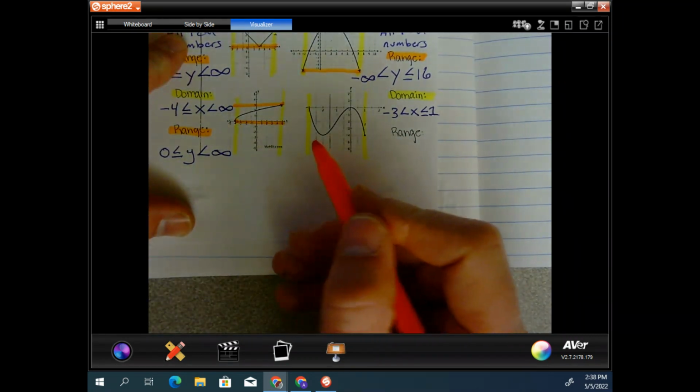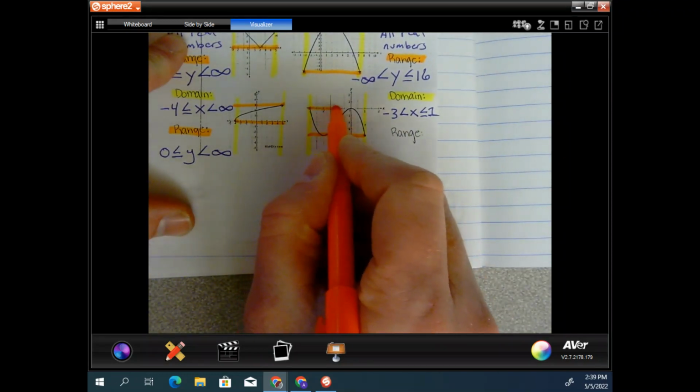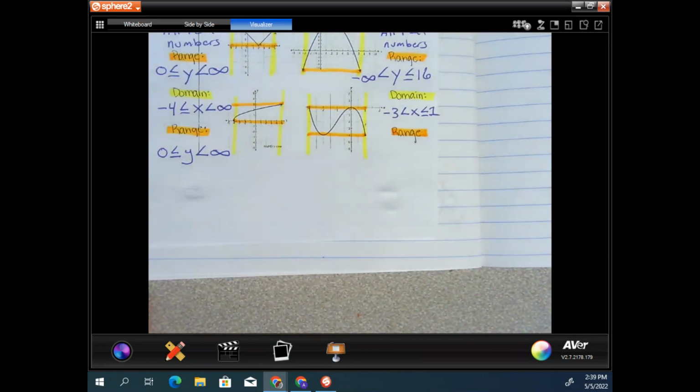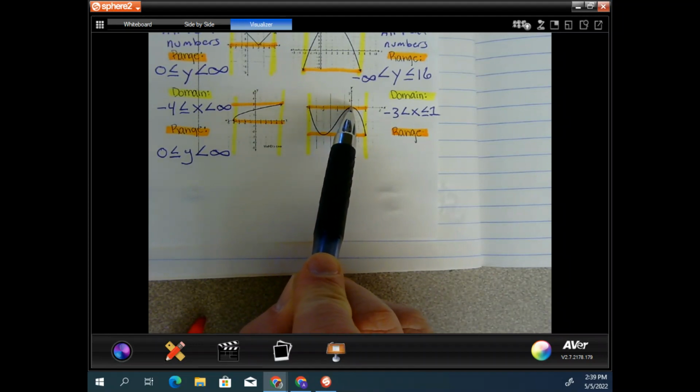I do the same thing here with my range. Now here's one thing that's interesting, is I have an open circle here, but my line does touch that same point. So it will include that point.